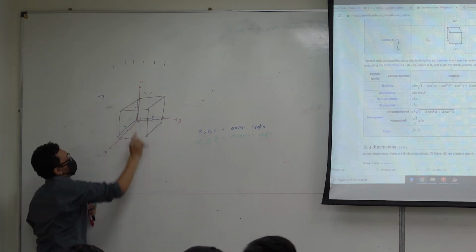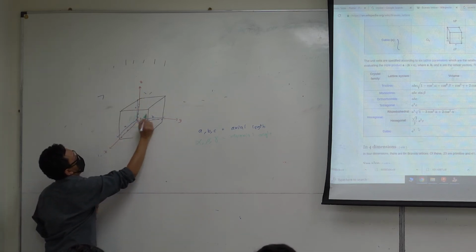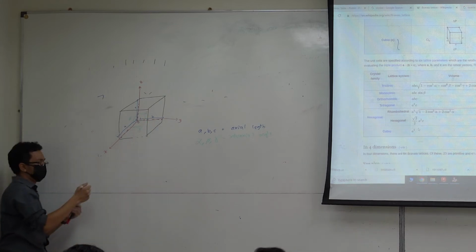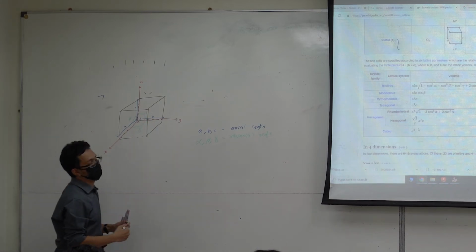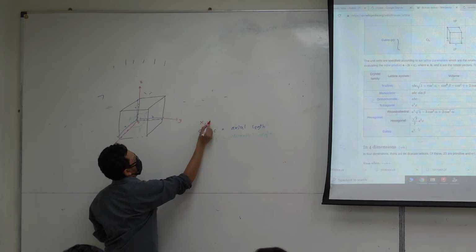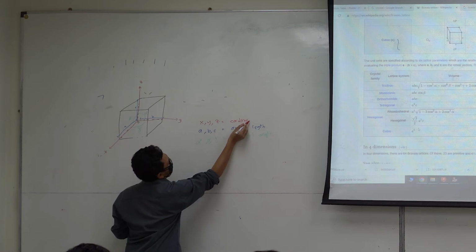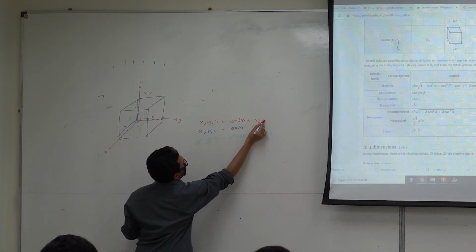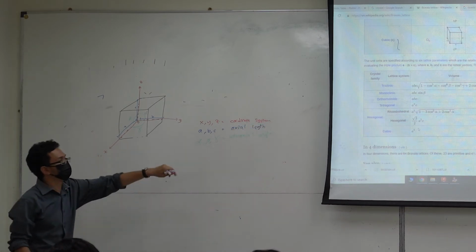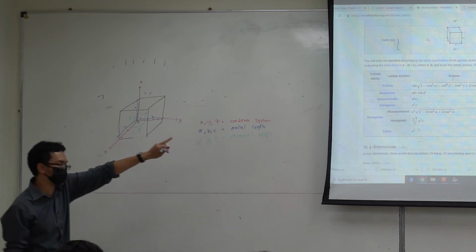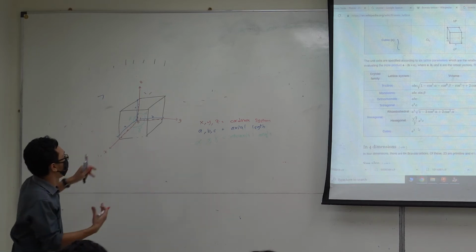Between Y and Z, this is alpha. So X, Y, Z is basically a coordinate system. So when you see the A, B, C, alpha, beta, it's just the way to talk about the system.